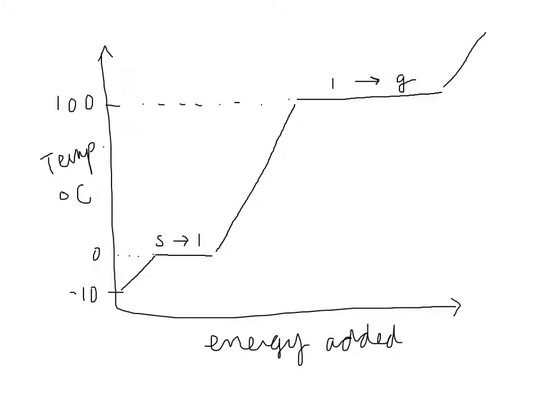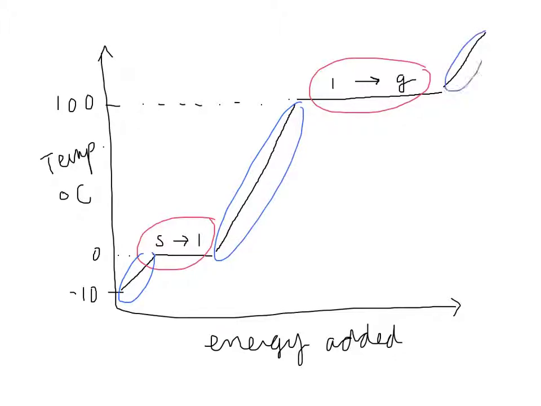So notice that we see flat regions. These flat regions occur right here and right here, and they accompany what we call phase changes. In the slanted regions, right here and right here and right here, the physical state does not change.